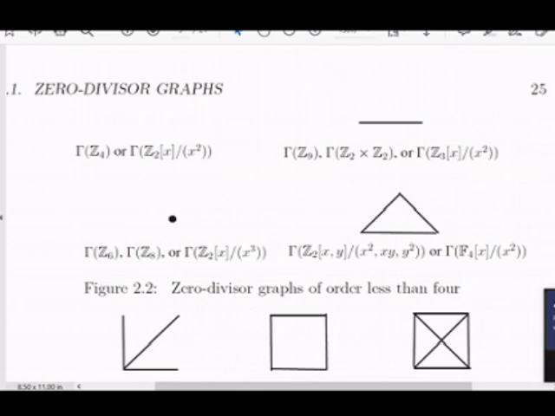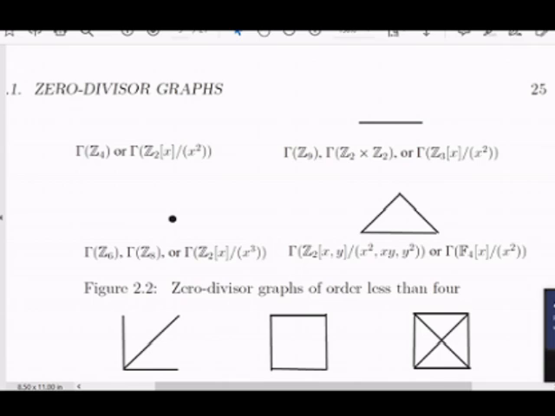Here is the answer to this question. Here I have a graph with only one vertex. What are the non-isomorphic rings that will have this graph?